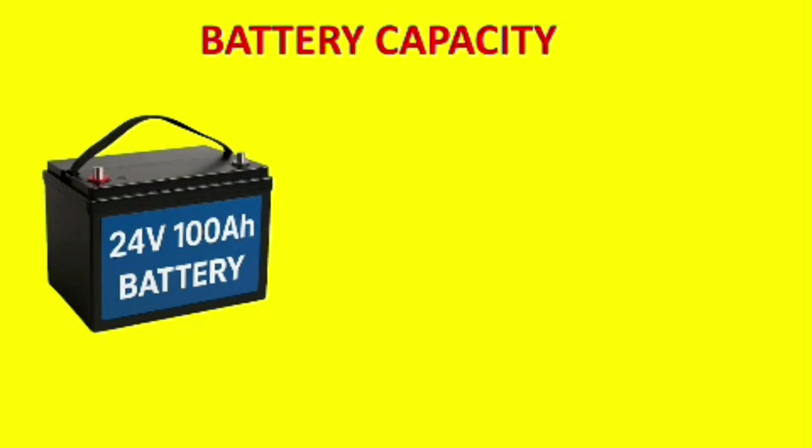To do that calculation, you all know that there is an equation called P equals VI. Here P is power in watts. When we multiply both sides by time in hours, we have an equation where watt hour is equal to voltage into ampere hours of the battery.